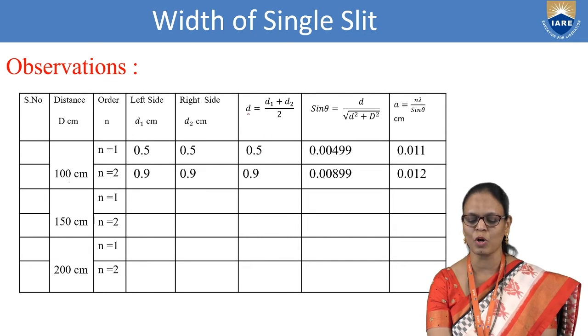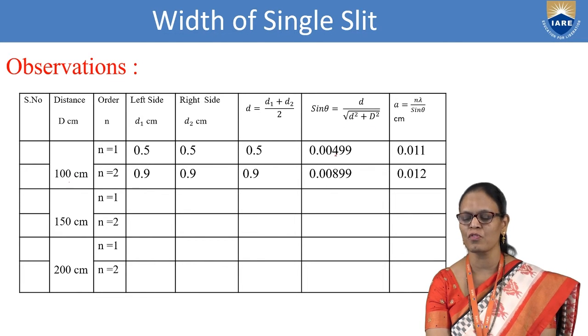Once you get small d and you know capital D, we can easily find the value of sine theta using this formula: small d upon root of d square plus capital D square. We are getting 0.00499. I'll show you the sample calculation. Then knowing the value of sine theta, we can calculate the value of a, as the wavelength of the laser source is known. So the width of the slit is 0.011 centimeter.